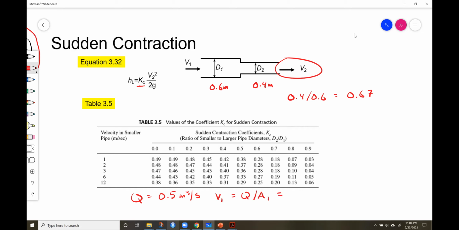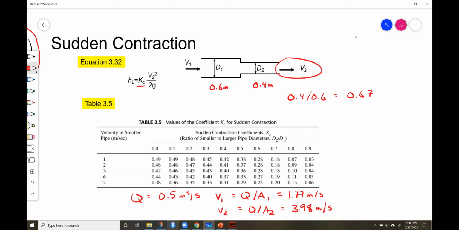And so I'll let you do that if you like, but you end up with 1.77 meters per second. And V2 is equal to 3.98.